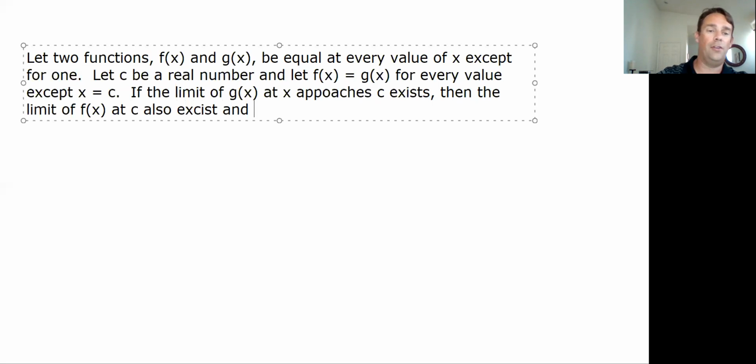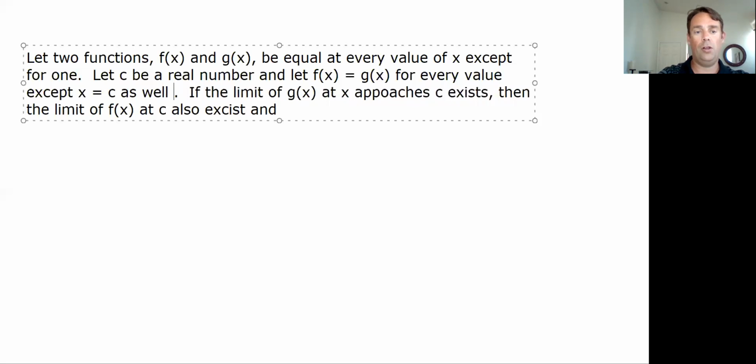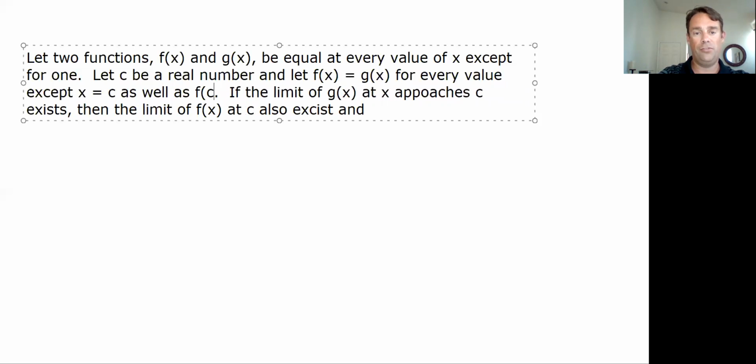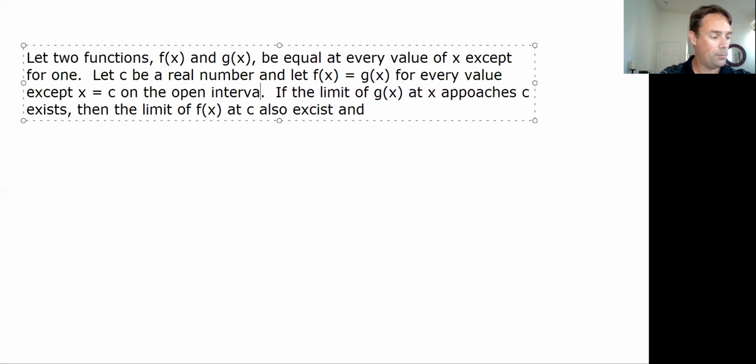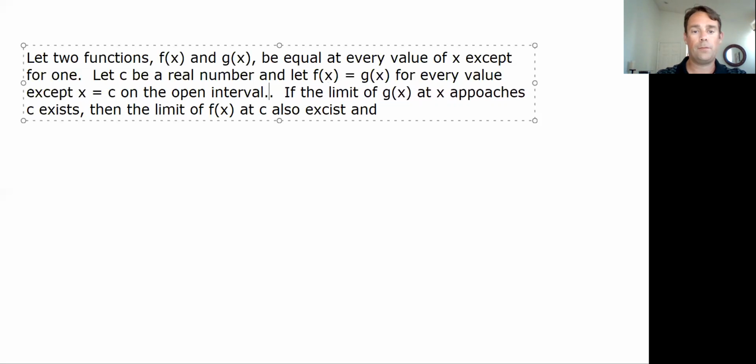And I'll write the and here in a second. I forgot one little part. For every value except, and let f of x be for every x value as well as f of c. For every value on the open interval. That's what I want. All right.